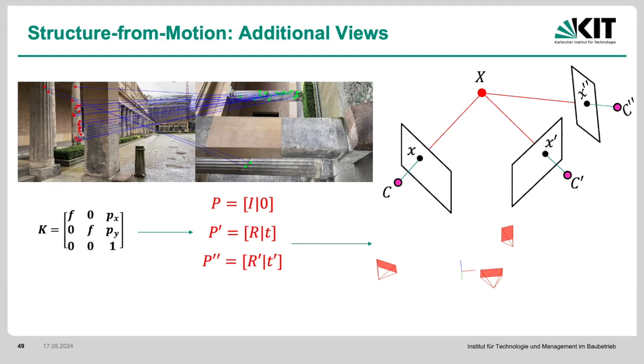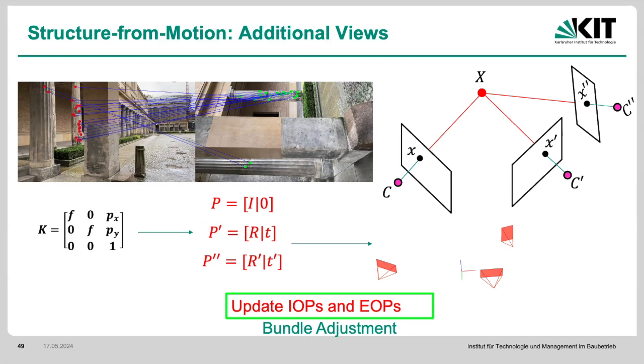Once we have that, then we can update our interior orientation parameters, which is our K matrix, or our radial lens distortion, as well as our exterior orientation parameters. And we put it all in the bundle adjustment and then add the other one. That's why in Colmap, you basically get 1 by 1, right? When you do the 3D reconstruction, you add different images to it one by one.